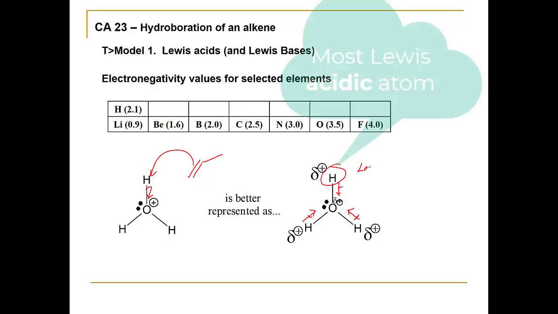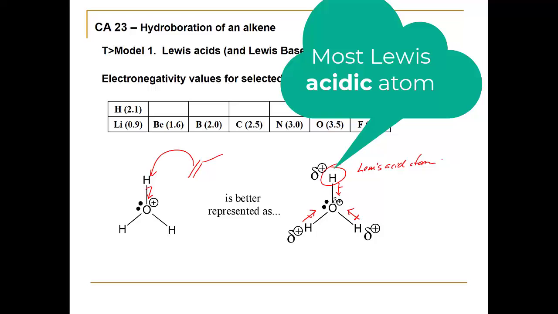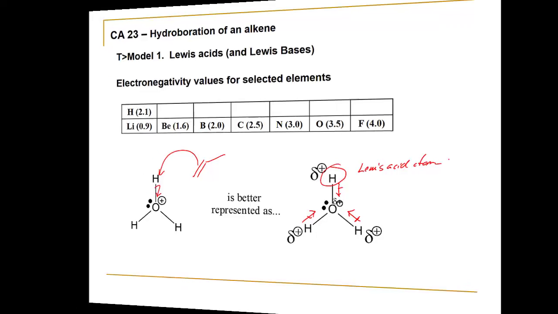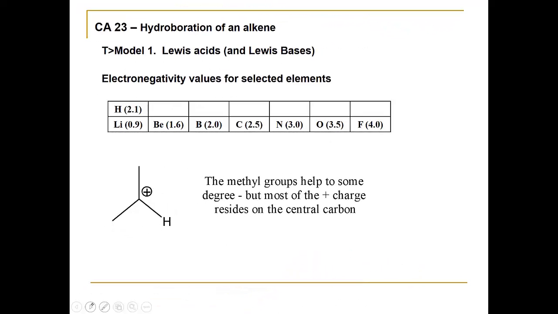So I'm just going to label that here. And of course I could pick any one of these hydrogens. So again, this is why we expect when an alkene reacts with the hydronium ion, the pi system picks up or makes a new bond with that hydrogen rather than interacting with the oxygen. It's also useful to consider, well, what about the carbocation then?